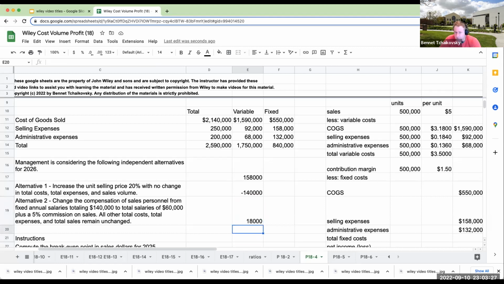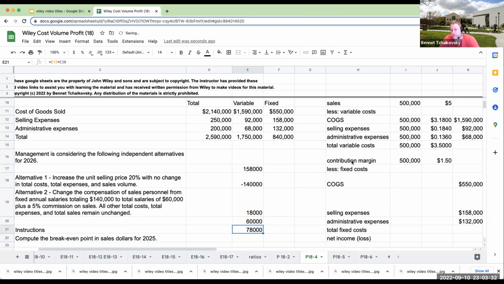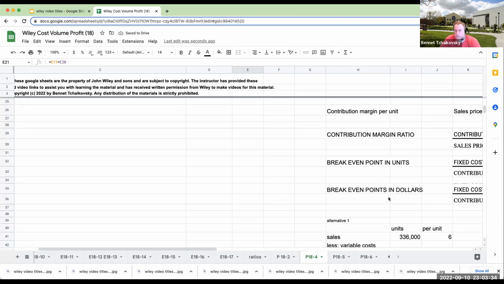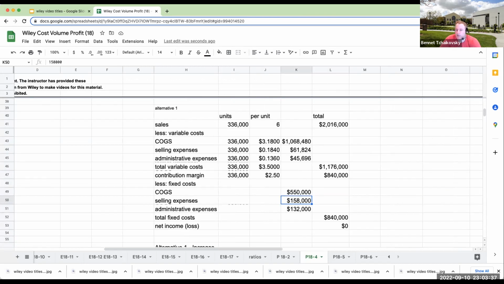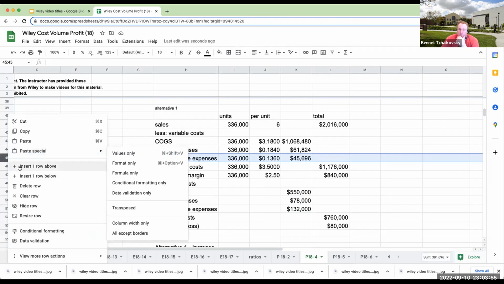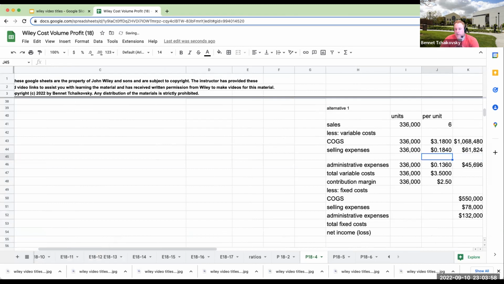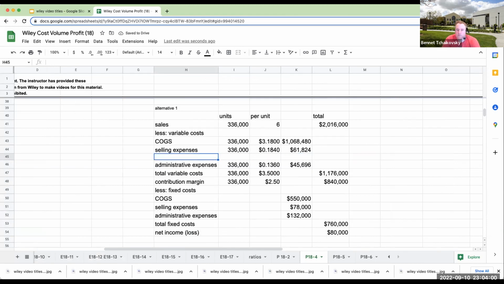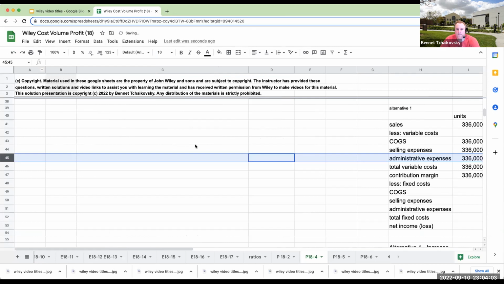So if I have 18,000 plus 60,000, this is now going to give me 78,000. So my selling expenses are now going to go to 78,000. However, with this as well, my contribution margin per unit, so my new sales commissions, I did the wrong one.